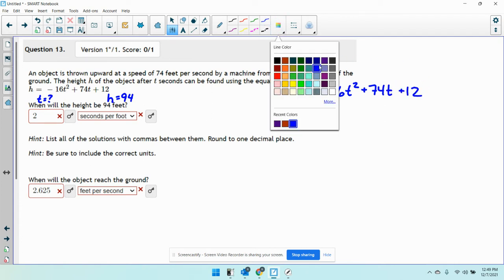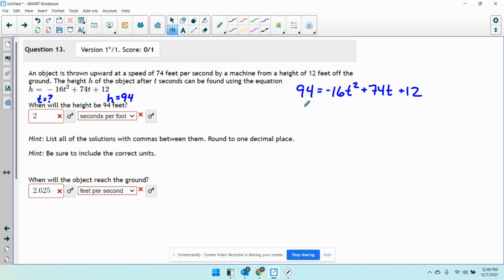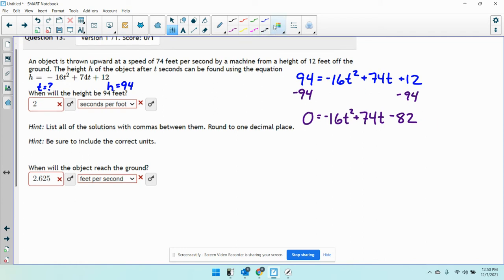I want to apply the quadratic formula, so I have to get everything onto one side. I'm going to subtract 94. So I have 0 equals negative 16t squared plus 74t minus 82. Now I can dive into the quadratic formula.